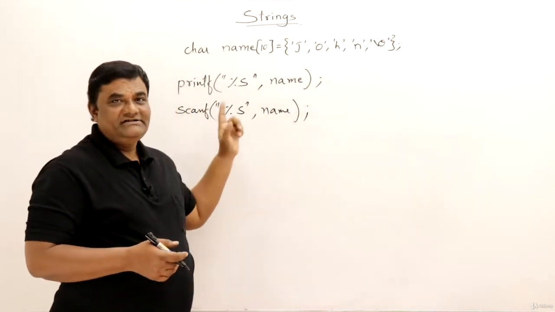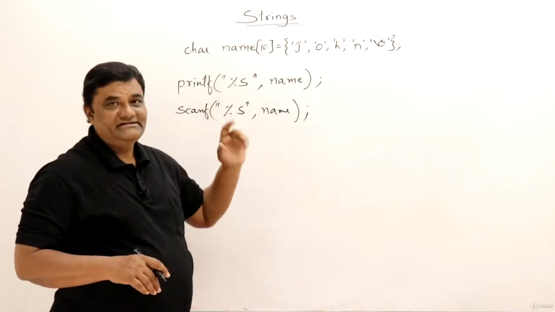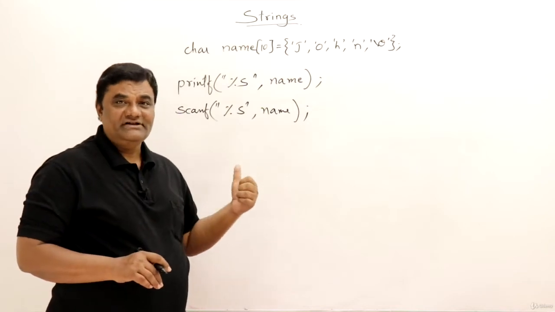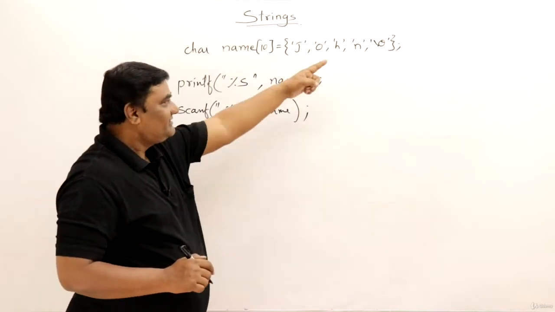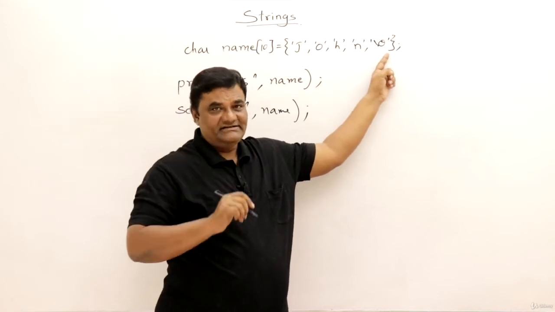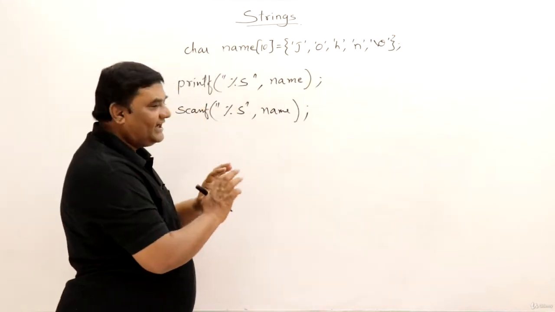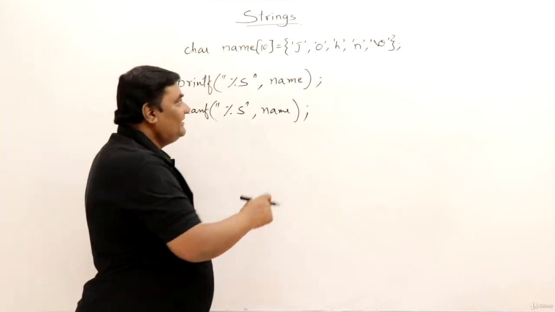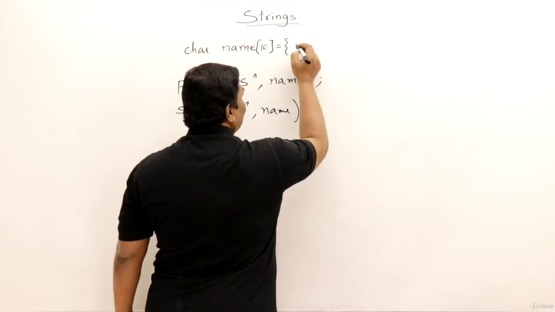So printf and scanf both are dependent on that \0. All the library functions of C language that are meant for strings are dependent on \0, that is the null character. They work upon a string till they find \0. So this is scanf. If you type something from the keyboard, like David, then David will be stored here like this.